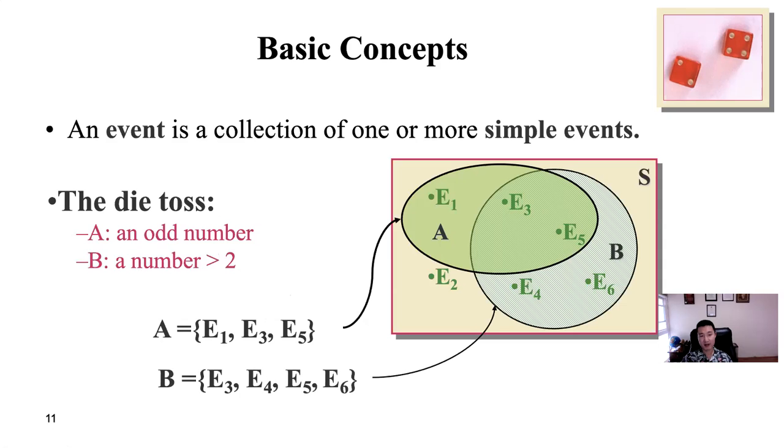From here we can see event A, which is the green area, and event B is the striped area, and they have some intersection, which includes two events, E3 and E5. So E3 and E5 is called the intersection of events A and B, which means when E3 or E5 occurs, events A and B both occur. So that's called intersection.